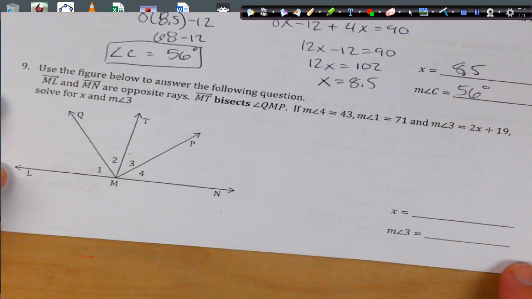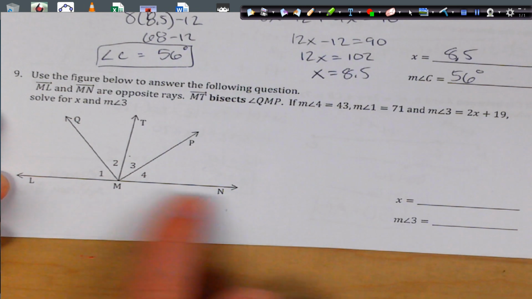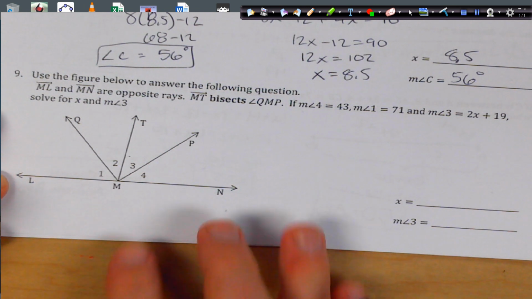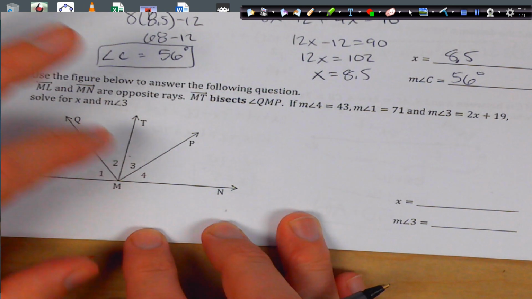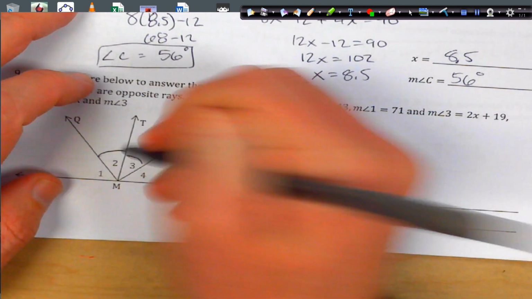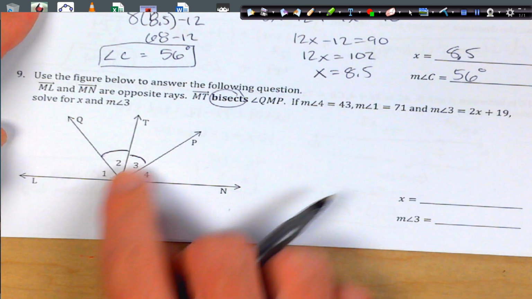Using the figure below to answer the following questions, ML and MN are opposite rays, so that forms a straight line. MT bisects, so MT right here is bisecting QMP, which makes these 2 angles congruent. So that's what that word bisects means, it makes those angles congruent.